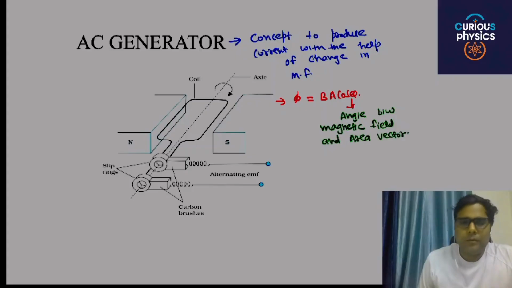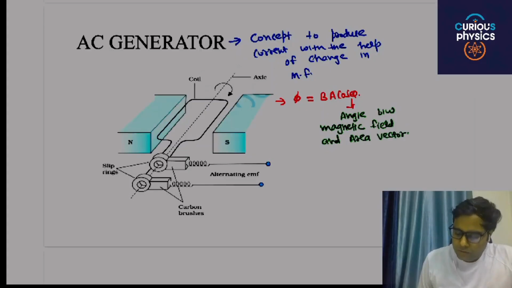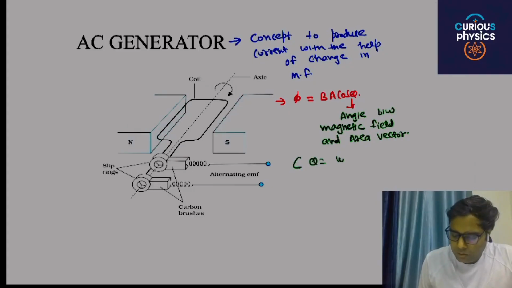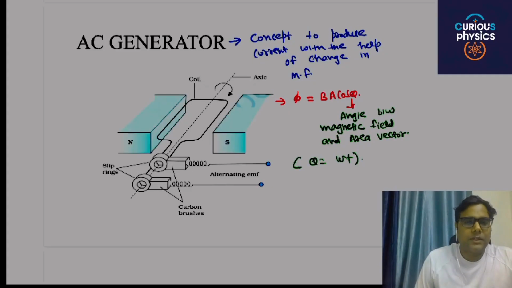Are you able to get my point or not? And one more thing, we can also write theta equal to omega t, which we have studied in class 11. Theta is the angle, omega is angular speed, and t is time.